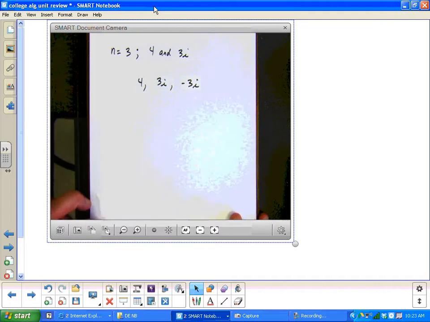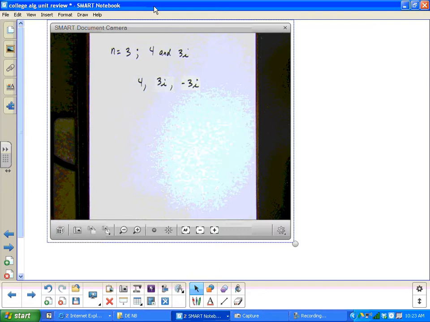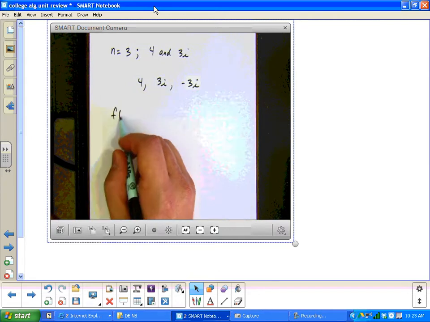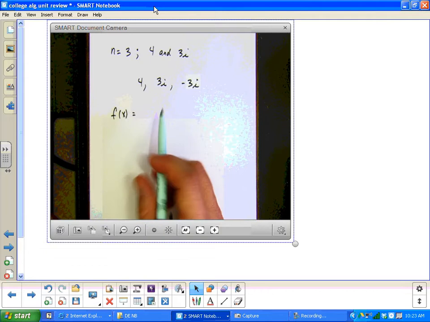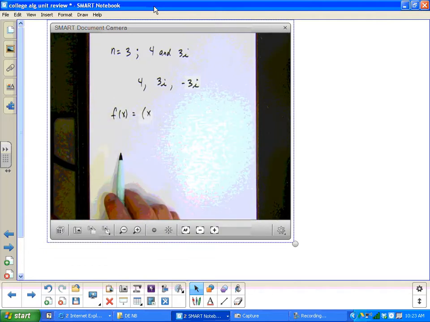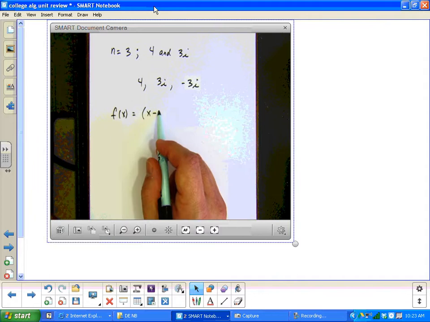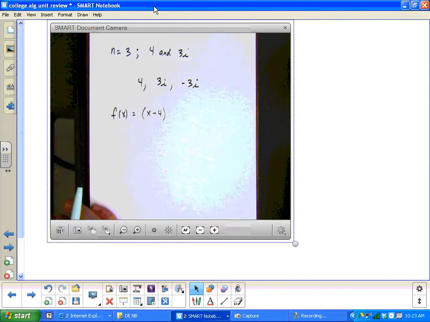And now, by the way, we're going to put the polynomial in standard form, not in factored form. But we're going to start with the factored form. So we think, what kind of factors would give me those zeros? x minus 4 would give me a zero of 4, right?